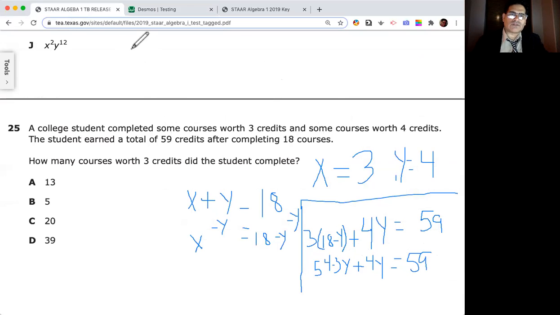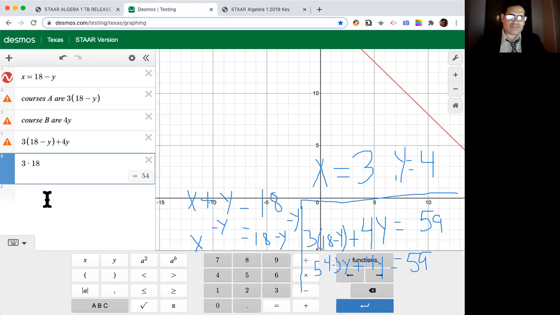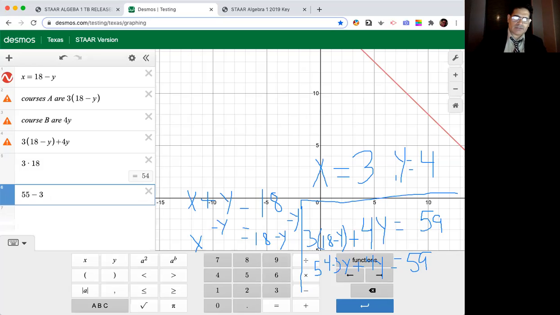I want to leave this up just for double checking. 3 times 18 is 54. We have minus 3y. 54 minus 3y, plus 4y, equals 59.